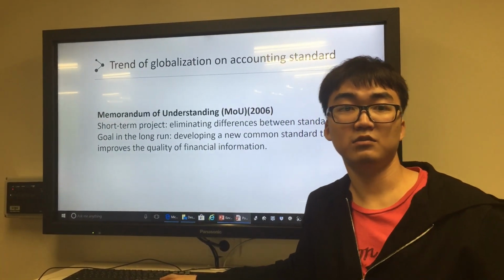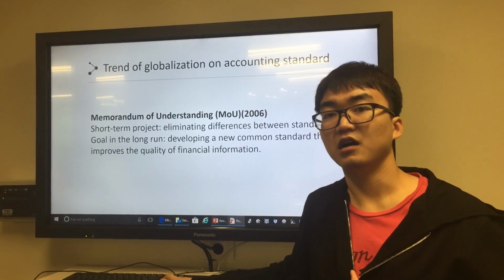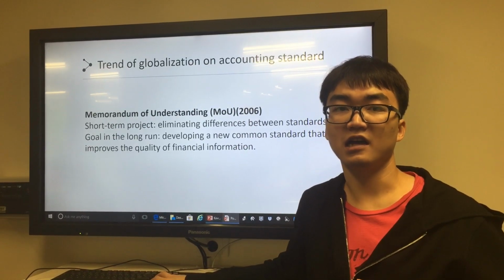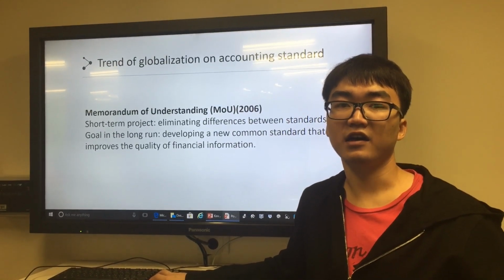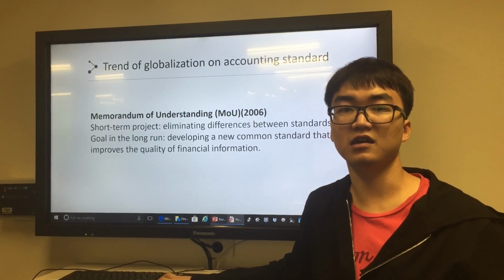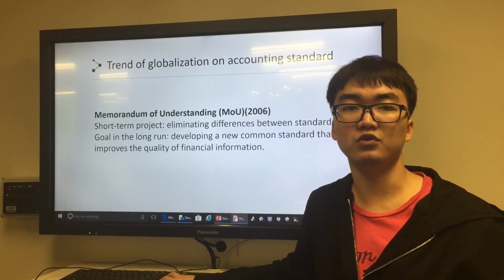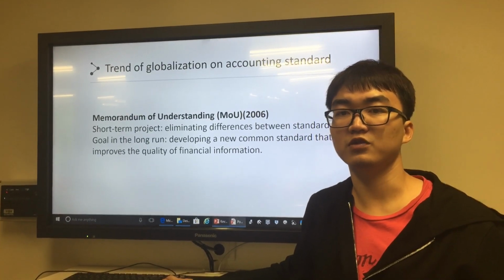This is an example. The Norwalk Agreement defines the obligations of IFRS and GAAP and helps to take the first step on accounting standards convergence. But this agreement didn't help to remove the main differences between them.